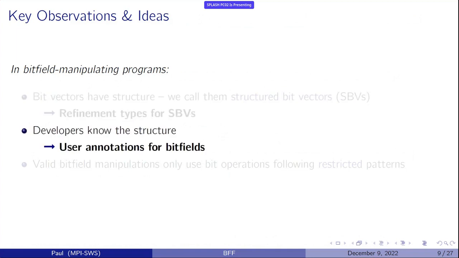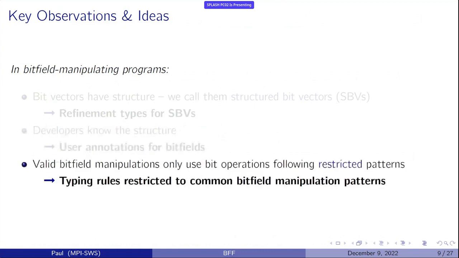Second, we extend RefinedC's front end so that developers can provide user annotations that describe the structure of bit vectors. And finally, to type check the bitwise operations in bit field manipulation programs, the typing rules are restricted to the common bit field manipulation patterns. We are not dealing with general typing rules for any kind of bitwise operator.